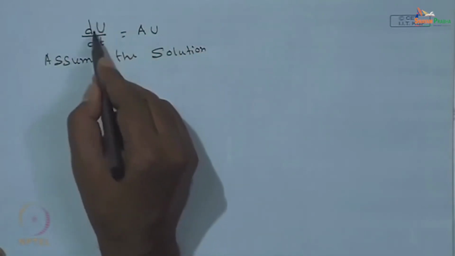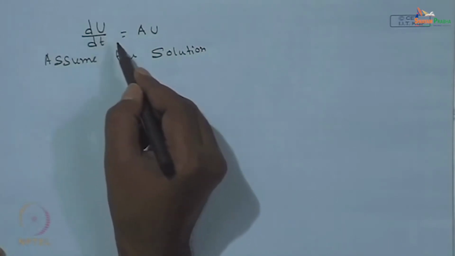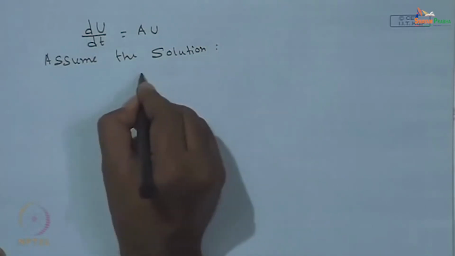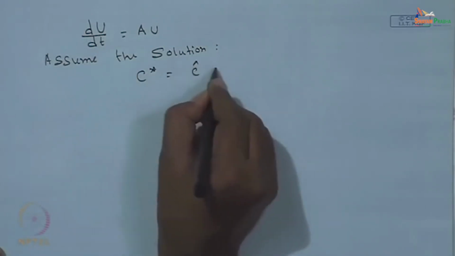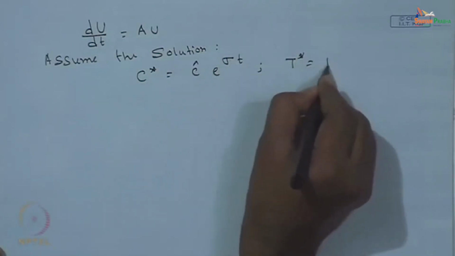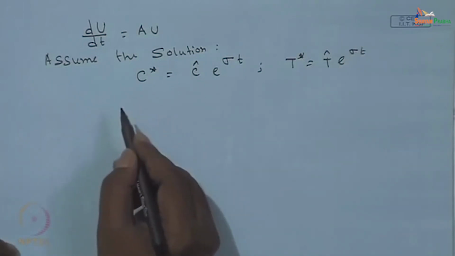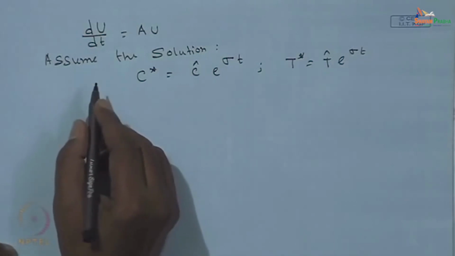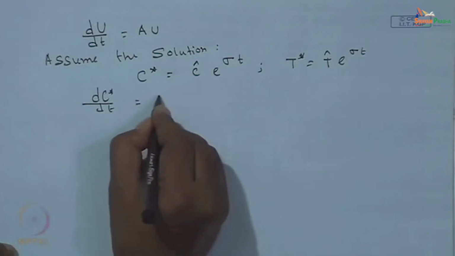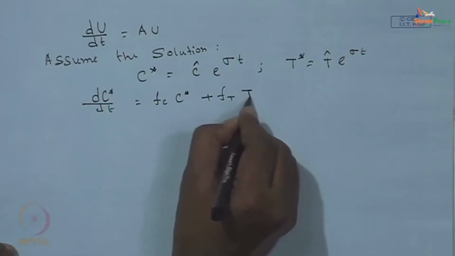The vector u is made of elements which are perturbed variables. So, assume the solution in the form C star is C hat e to the power sigma t, and T star is T hat e to the power sigma t. If we put this in the equation, dC star/dt is equal to f_c C star plus f_t T star.